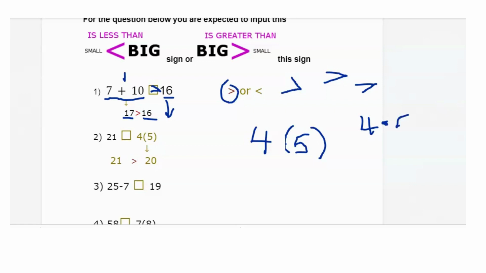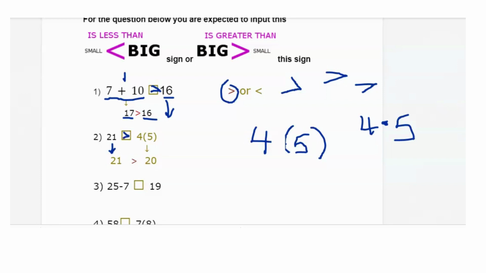Okay? Right, so this is 4 times 5. 4 times 5, I've written it is 20. So you bring down 21 that is already there, and you check. Which one is bigger? Is it 21 or 20? Of course, 21 is bigger than 20. Okay?